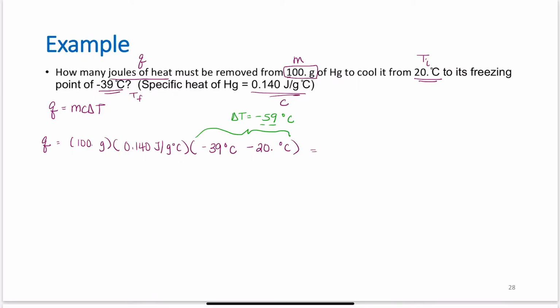If I calculate this out, I get negative 826 joules, which is the correct answer, but not the correct sig figs. So I need to round this to either negative 830 joules, or I could say negative 8.3 times 10 to the 2 joules. If you wanted this in kilojoules, you could say negative 0.83 kilojoules. All of those are correct answers.